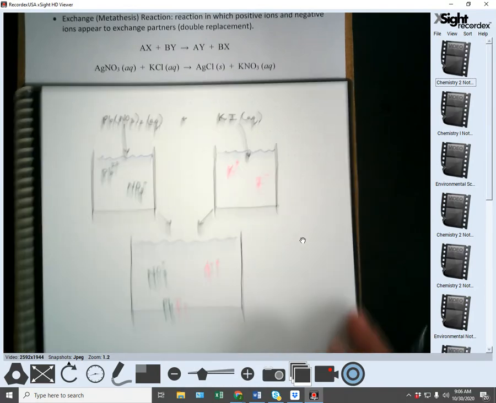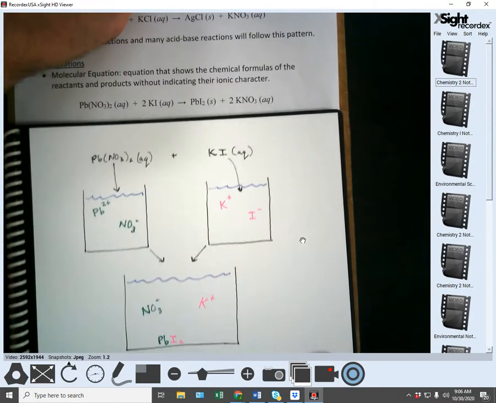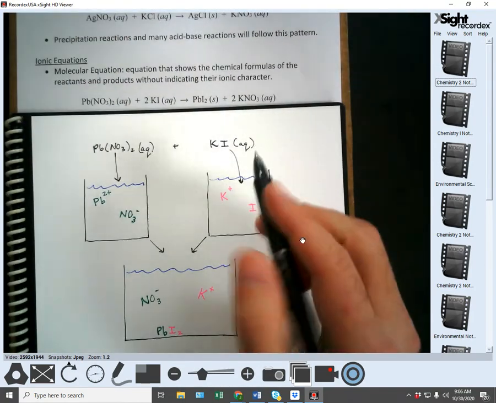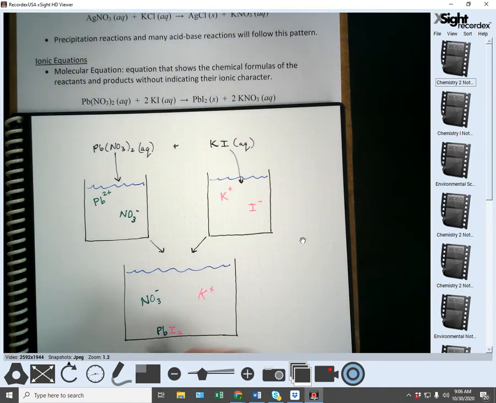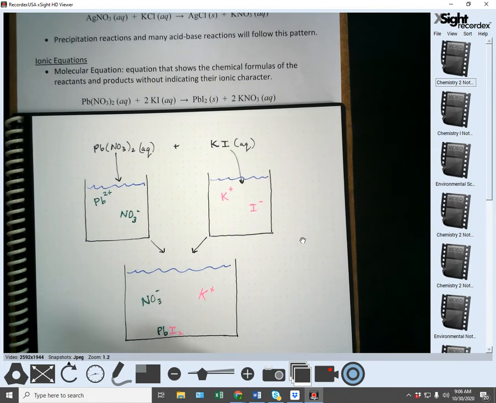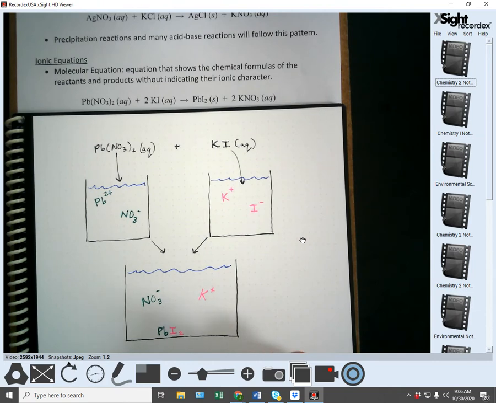We've got solid lead 2 iodide and aqueous potassium nitrate, right?